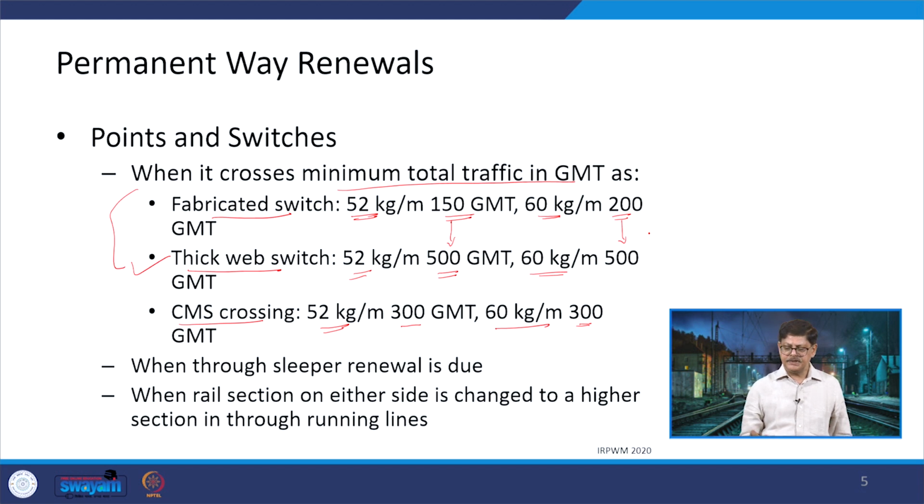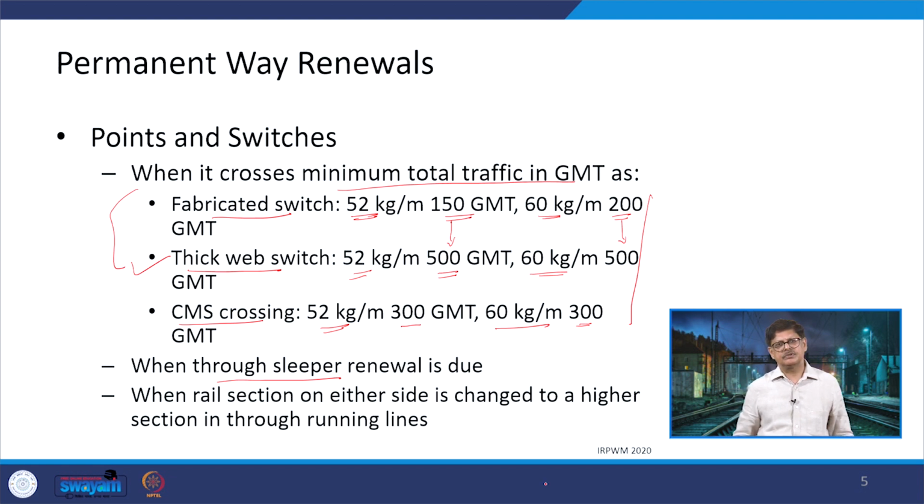So, these are the limits which are specified, and as soon as the traffic becomes more than this, or the number of trains which have travelled on that particular section having these types of switches goes beyond these values, then we should go for a renewal. Another one is when the through sleeper renewal, the TSR, is due.